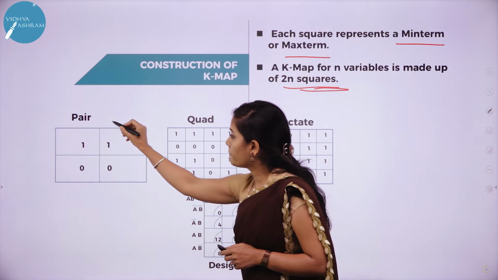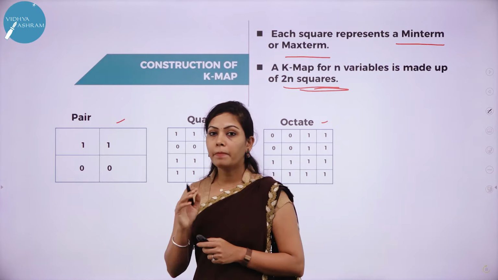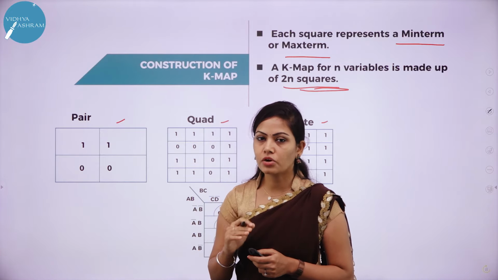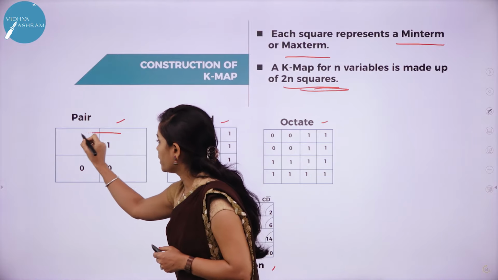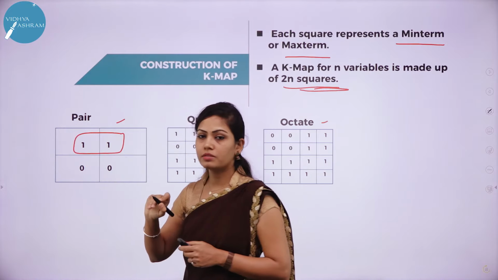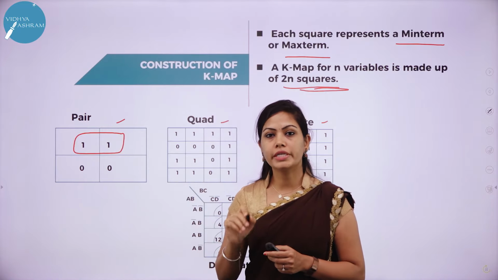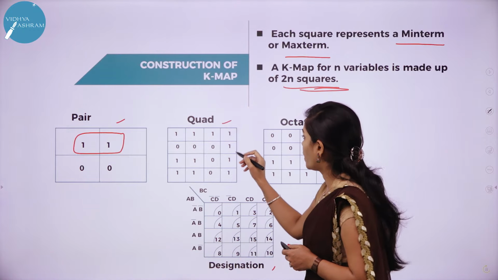And what are pair, quad and octet and designation? Pair means when 2 ones are vertically or horizontally paired, then they are called a pair. Here we can pair these 2 ones. So what is quad?